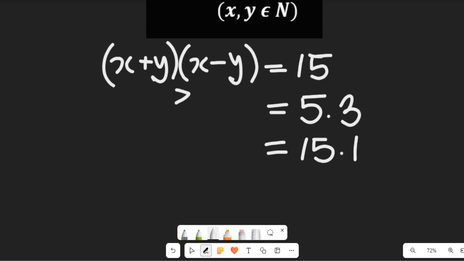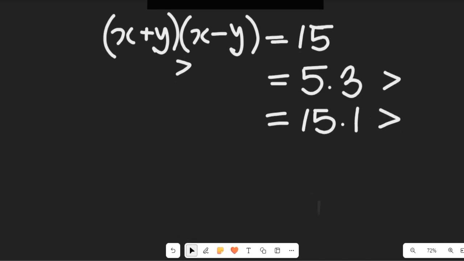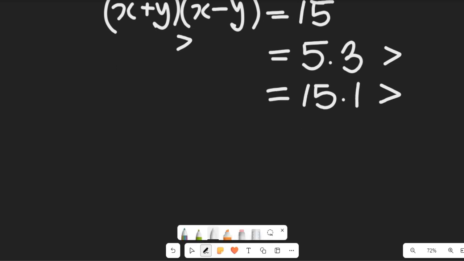So in any expression we're going to fit in there, the first must be greater than the second. From this expression, 5 is greater than 3, so that works. From this expression, 15 is greater than 1. So that works. So those two expressions will give us two different pairs of equations.